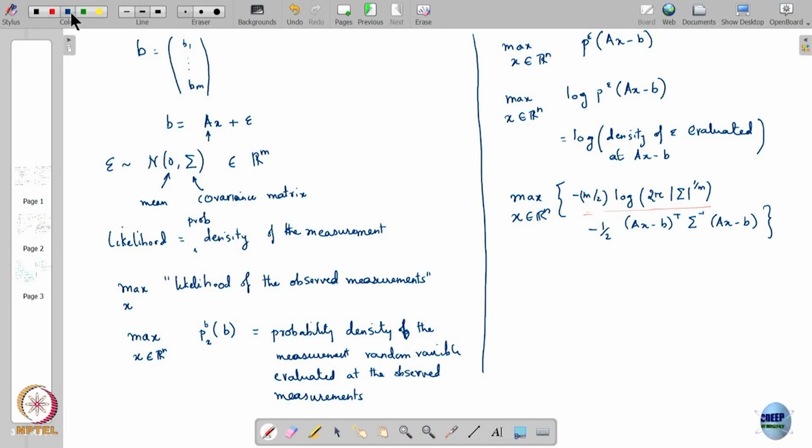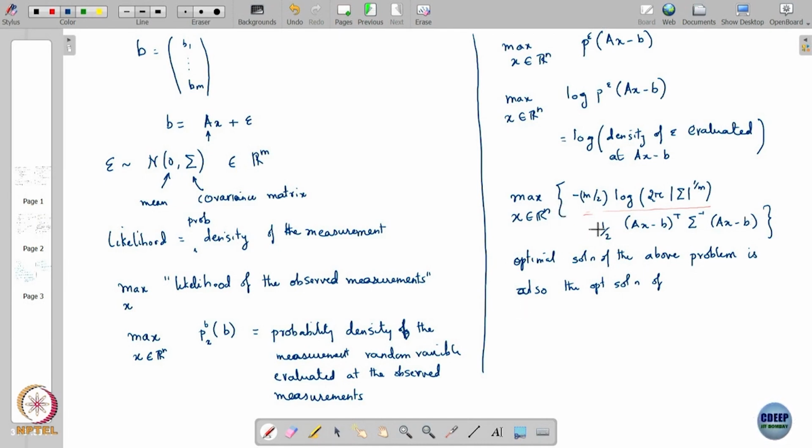So, as far as finding the optimal solution of the above problem, it is also the optimal solution of this problem, which is maximizing minus half (Ax minus b) transpose sigma inverse (Ax minus b). Okay, maximizing this second term.